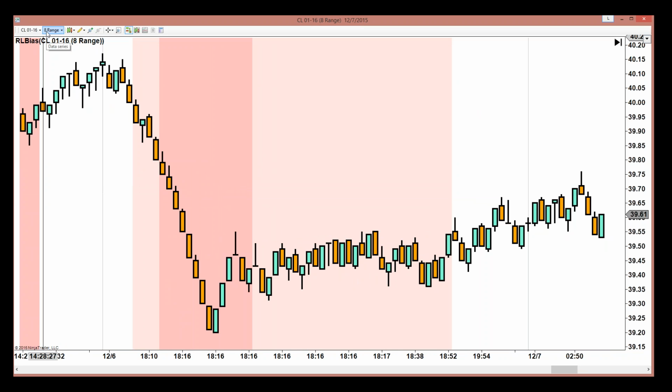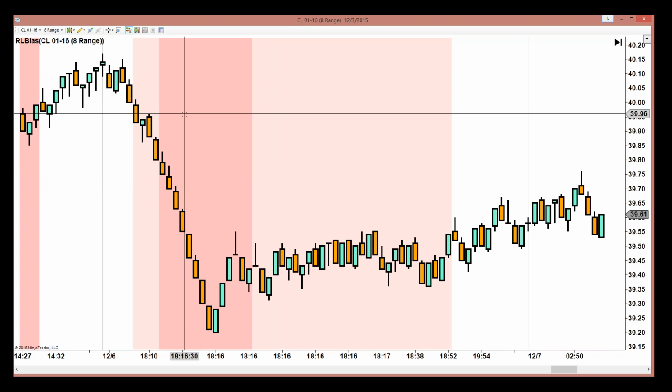In this particular case, we're trading an 8-range chart, so we make the two higher time frames the next higher fibs. The next fib after 8 is 13, and the next fib after 13 is 21. If you were trading a 377 tick, your next highest fib on the tick chart would be your next highest time frame, and the next fib after that would be your third highest time frame.